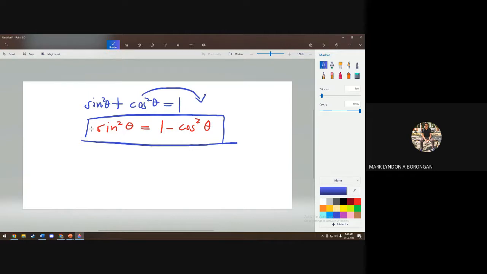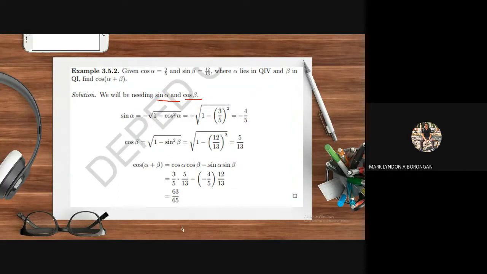Now, we take the square root of both sides. So, sine of theta is equal to the square root of 1 minus cosine squared of theta. So, it looks like this. Let's go.